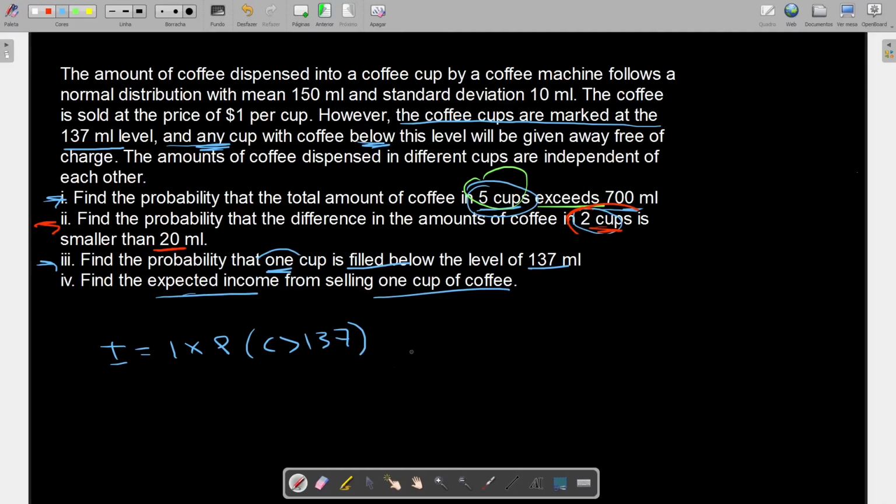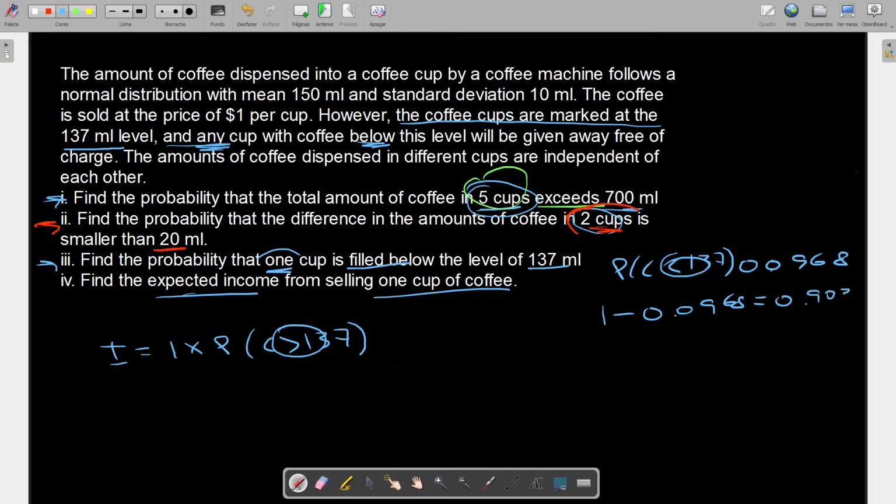And we found from the previous one that the probability of C being less than 137 was 0.0968. Since this is the reverse, all we are doing here is 1 minus 0.0968, which gives us a total of 0.9032. So here, since it's only 1 cup, this will give us the value of 0.9032.